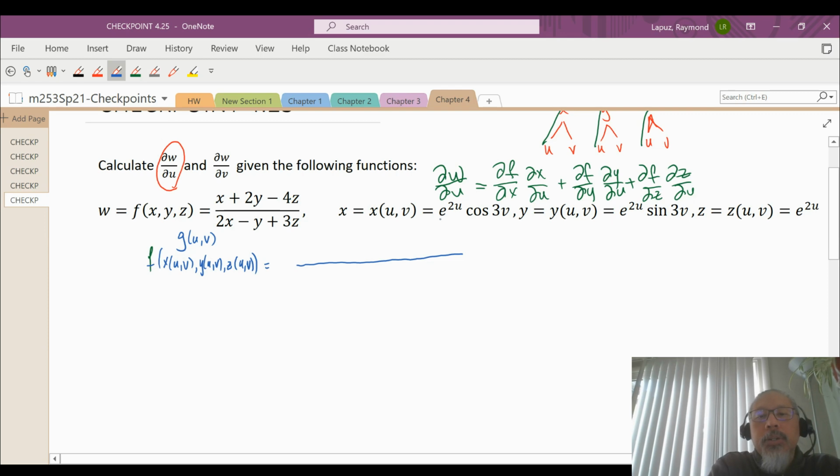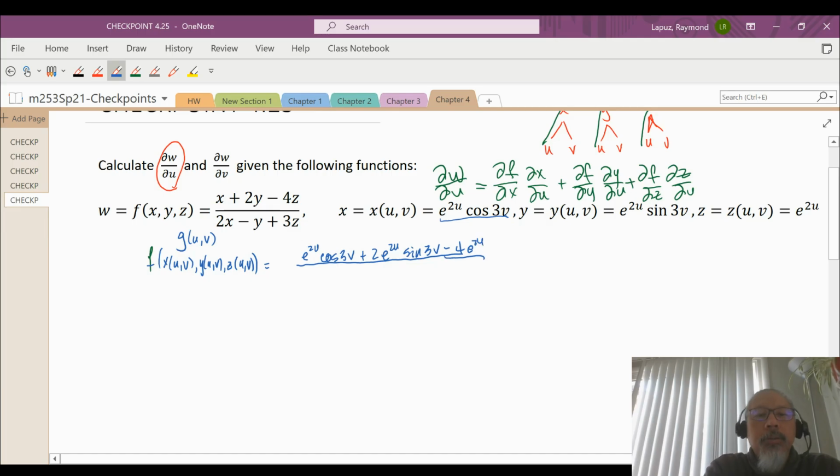In for x, we're going to put in our x function, e to the 2u cosine 3v, and then we have a plus 2 times e to the 2u sine of 3v minus 4 times e to the 2u.